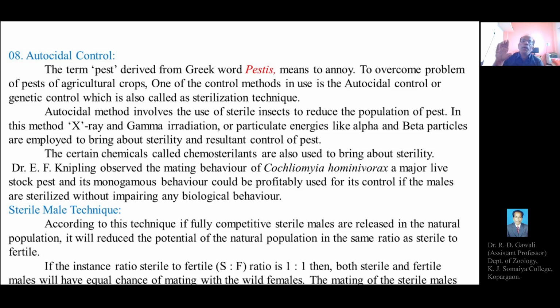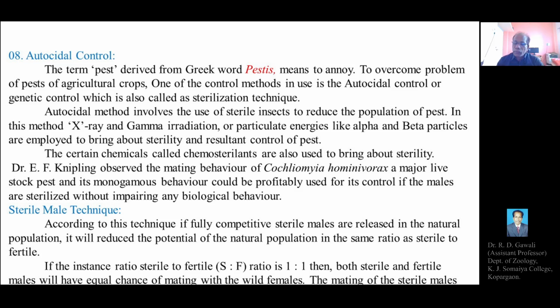So with the help of the sterile male technique, we can release sterile males in a fertile population. Ultimately, this will reduce the rate of reproduction of the pest population.